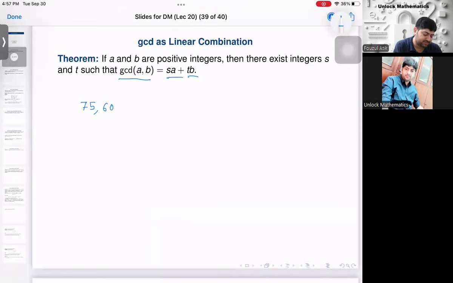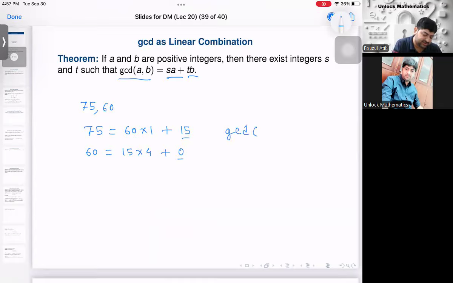What is the largest among them? 75. So 75 is equal to 60 into 1 plus what? It is 15. Then 60 is equal to 15 times 4 plus 0. So we got 0, so the GCD will be the previous number. How?